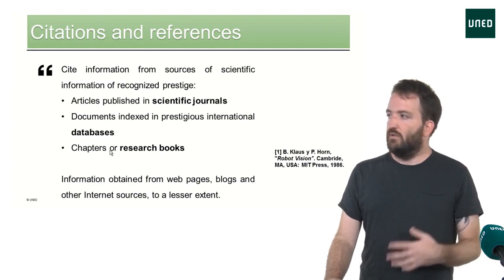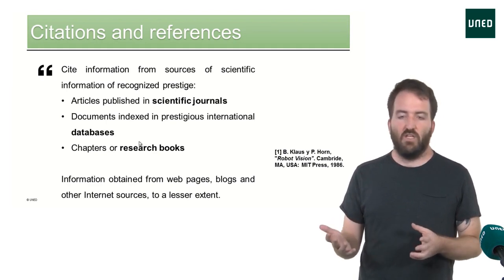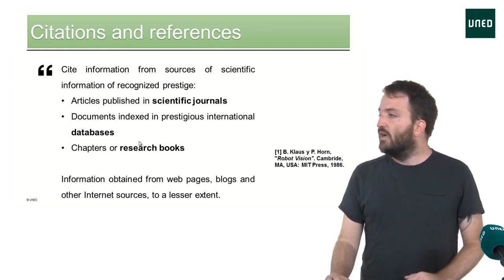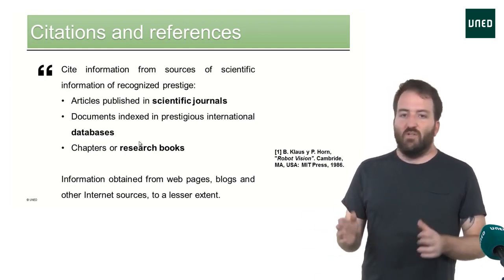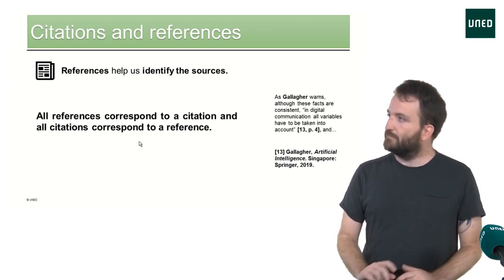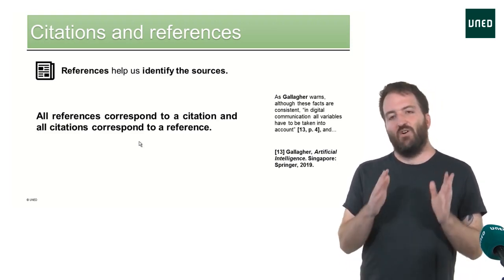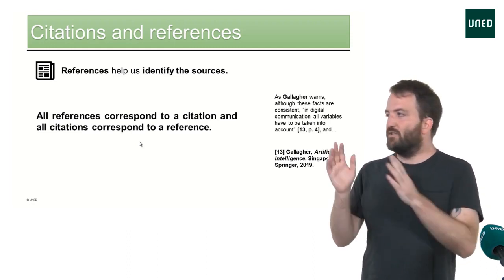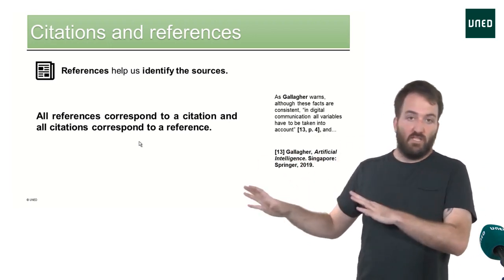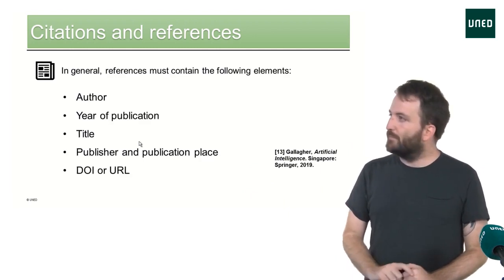It could also be academic or research books, but when we're thinking of information that you found online, webs, blogs, Wikipedia, it's better to avoid it unless it is strictly justified because you're speaking about this topic. One important element not to forget is that all the citations in the text have a corresponding reference, and all the references have a corresponding citation. So we cannot just put something in the reference list that is not reflected in the text.